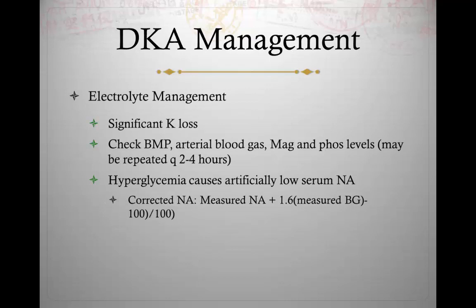Now, again, repeating, you do the initial bolus of normal saline, right? 1 liter in the first hour, and then you continue 500 mLs per hour unless the patient is volume overloaded. When the patient is hemodynamically stable and has adequate urine output, you could switch to half normal saline.